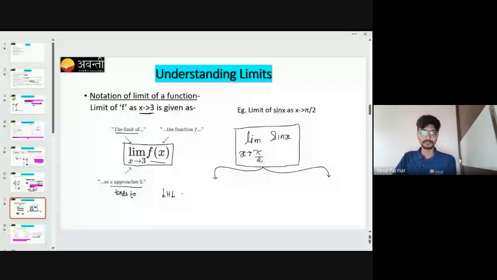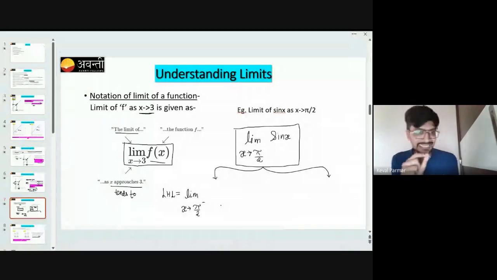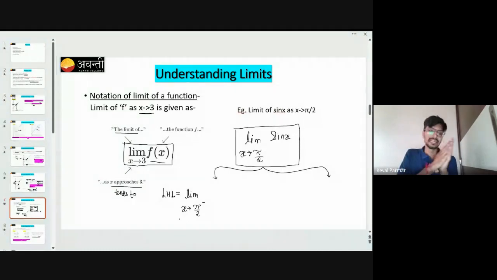It is denoted by limit x tends to pi by 2 minus. This minus sign indicates that x is approaching pi by 2 from left hand side, means x is less than pi by 2.